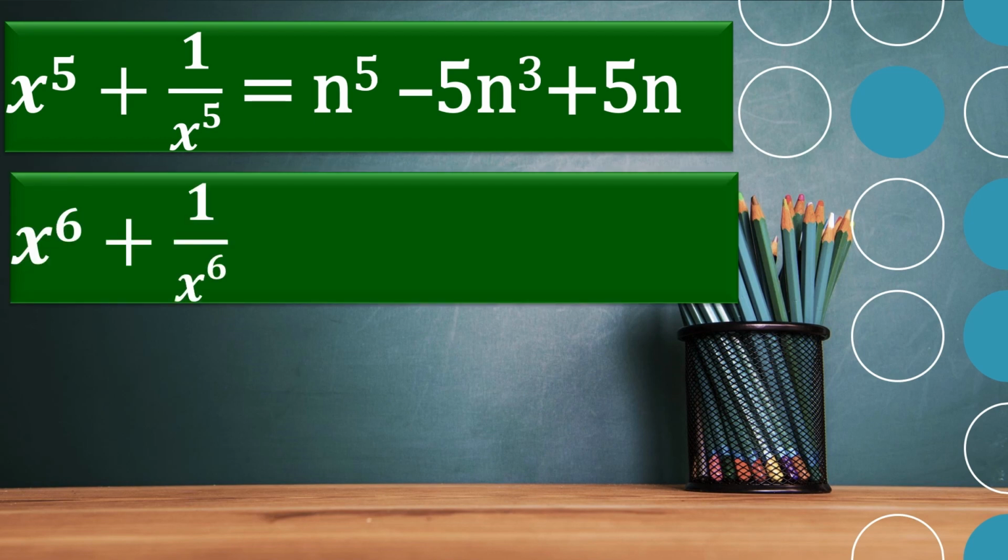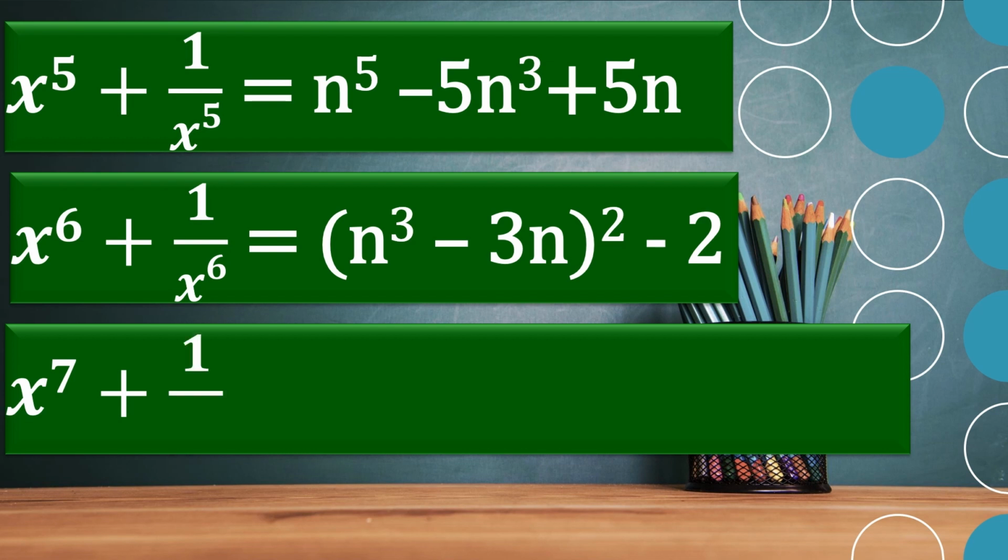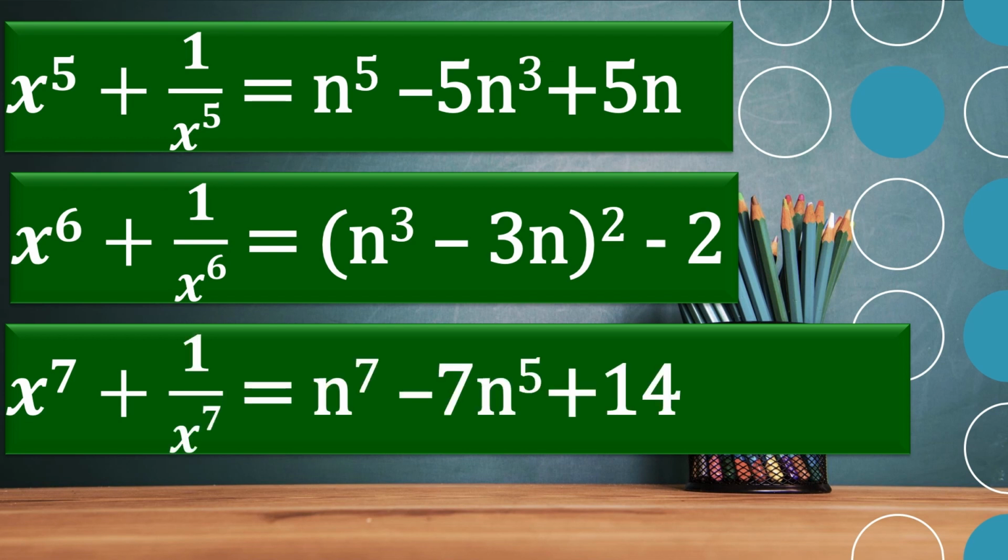Similarly, x raised to the power 6 plus 1 over x raised to the power 6, we have also expressed in terms of n, and also the value of x raised to the power 7 plus 1 over x raised to the power 7. This also has a value that is expressed in terms of n.